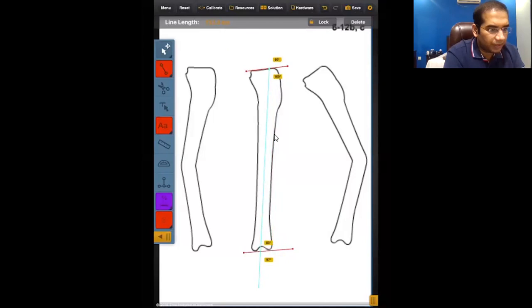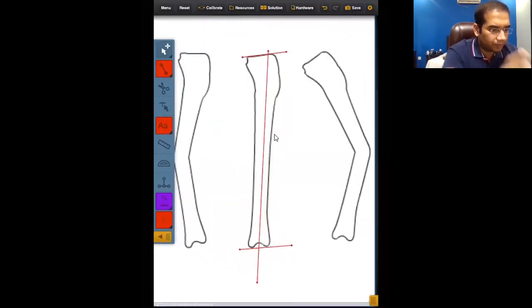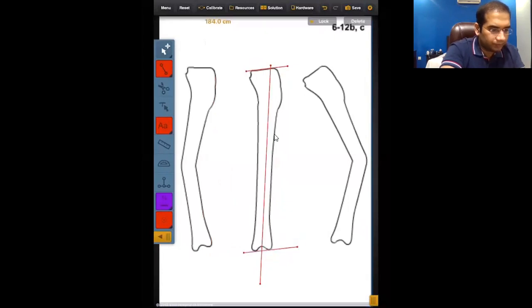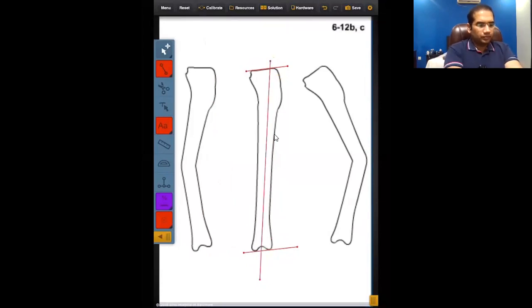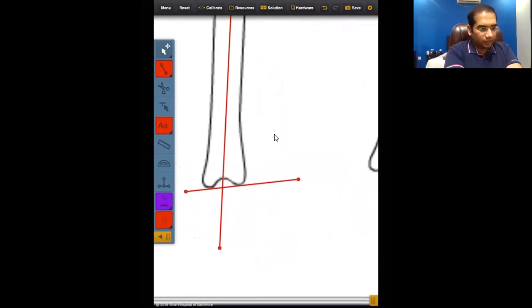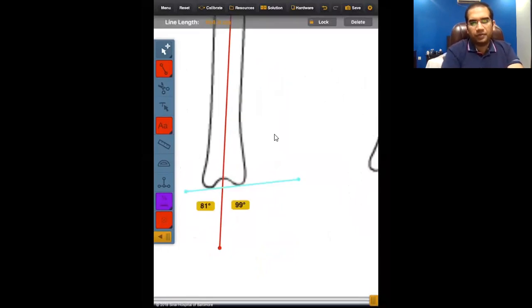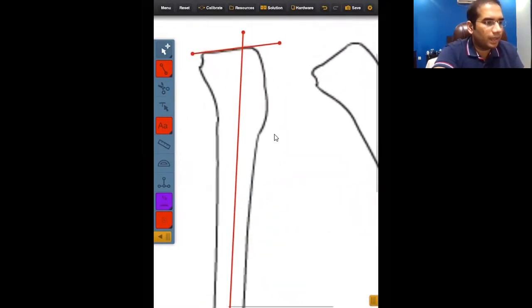The mid-diaphyseal line. So we have drawn a mid-diaphyseal line. It has made an angle of 81 degrees in the distal tibia. The anterior distal tibial angle is 81 degrees, and here it is 80 degrees.